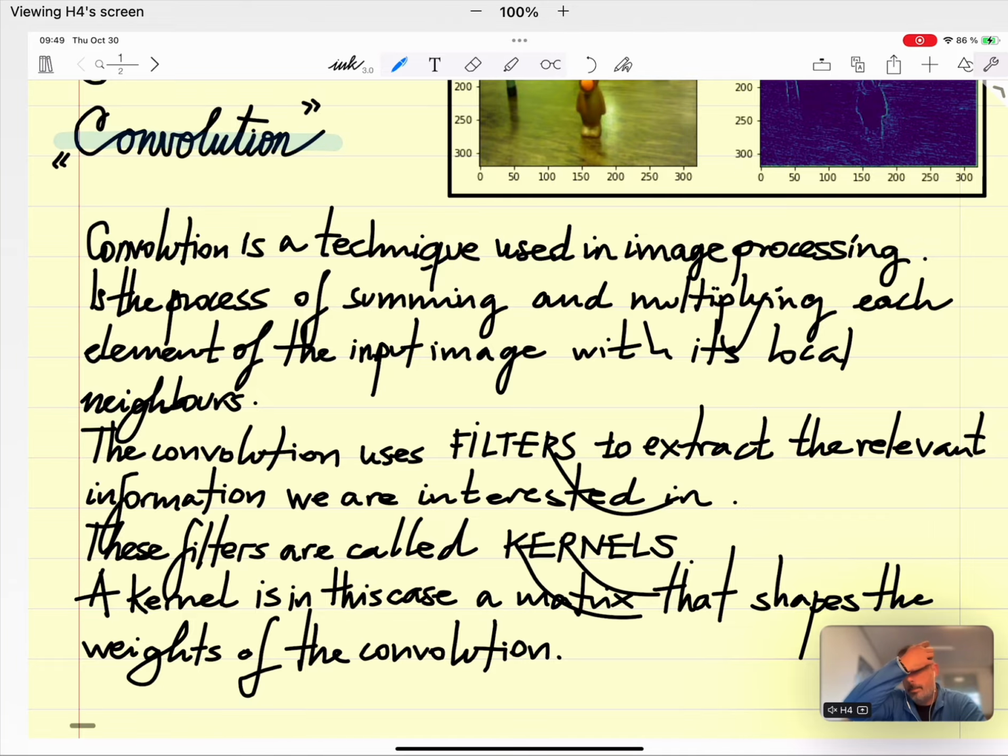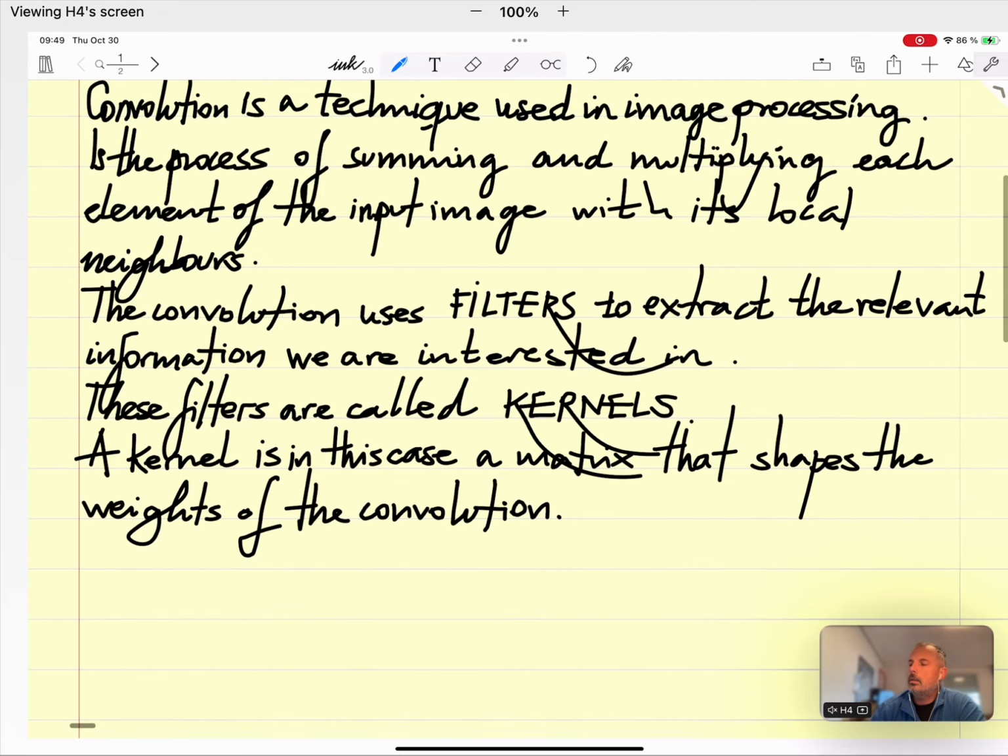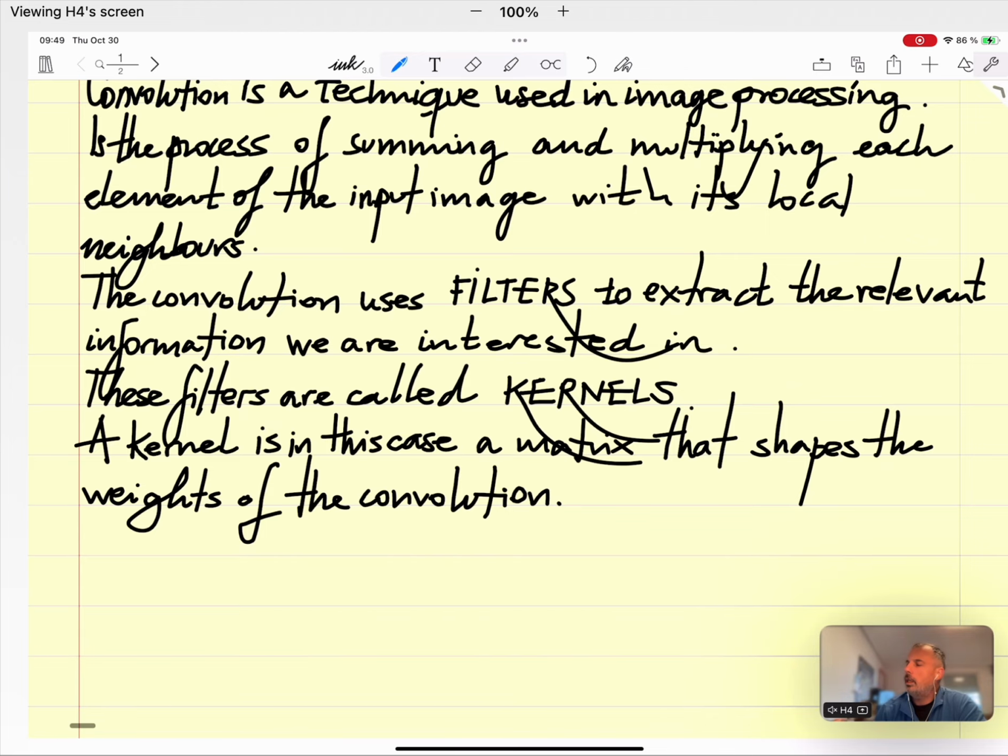So this is the intuition of what a convolution is.